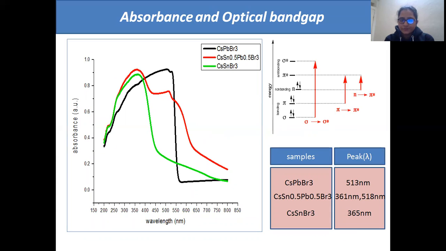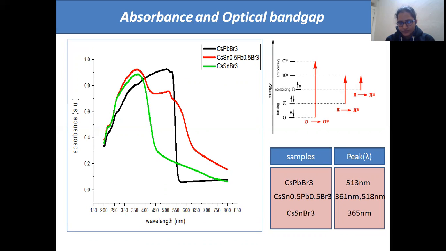This is the plot of UV visible spectra of the samples that I have prepared. Here we can see the green one corresponds to CsSnBr3, the red one corresponds to CsSn1/2Pb1/2Br3, and the black one corresponds to CsPbBr3.